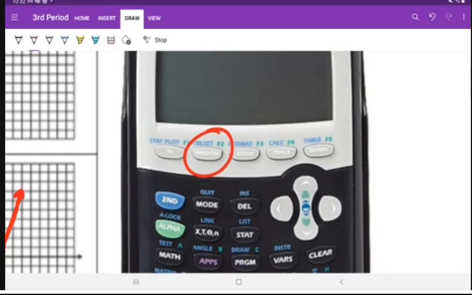So instead of x min going to negative 10, I want you to put 0 there. So x min should equal 0. We don't need those negatives, so we're going to make our window go from 0 to 10. But then our y values also don't need to be negative, so our y values are going to go from 0 min up to, we need way more.